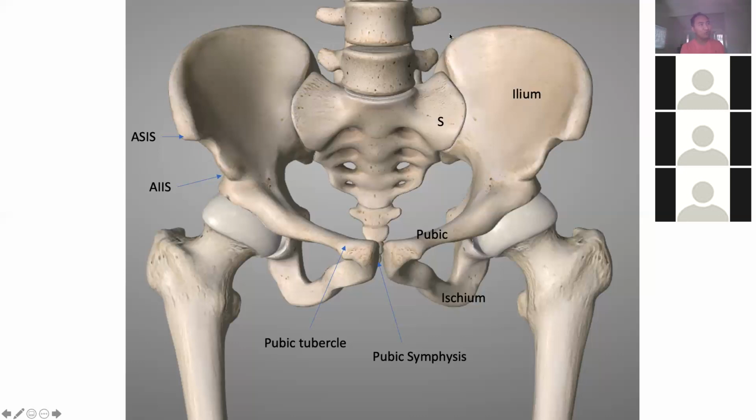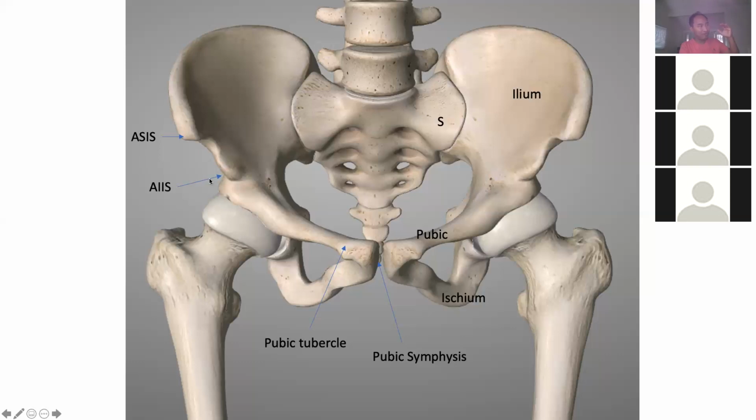And the dome shape of the ilium bone is called the iliac crest. Yeah, iliac crest, dome shape and dome shape here. And at the anterior end of the iliac crest there is a pointy bony portion, which we call anterior, because it is in the front, not in the back.